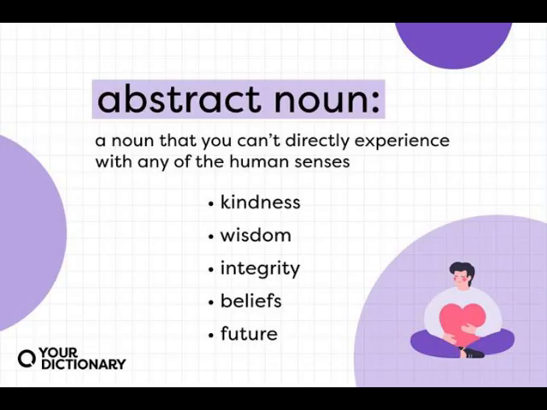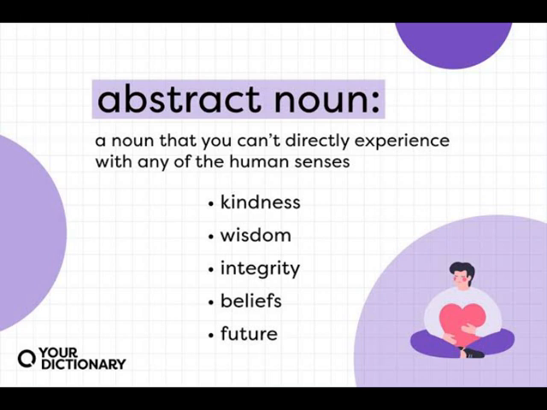So the second type of noun is an abstract noun. So these types of nouns are a noun that you cannot directly experience with any of the human senses, meaning that we cannot see, we cannot taste, we cannot touch, and we cannot smell.